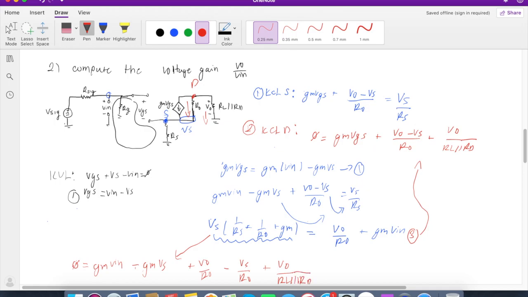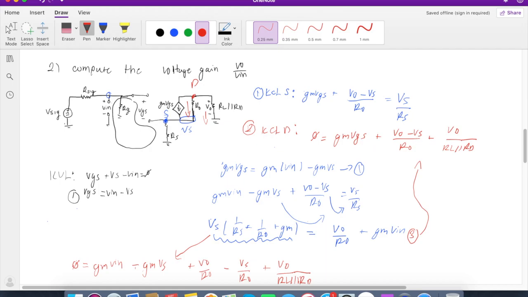So once we plug the formula for Vs into our equation 2, then all we'll be left with is functions of Vout and Vin. Now, what we can do from there, we can simply factor out Vin and Vout, and we'll get an equation on one side only in terms of Vin, and an equation on the other side only in terms of Vout.